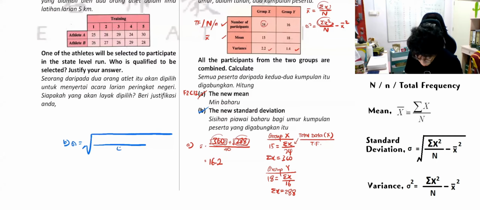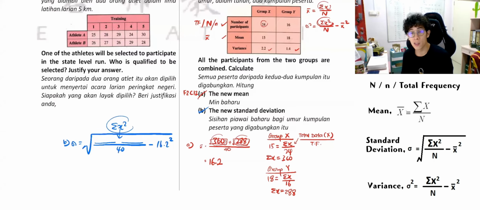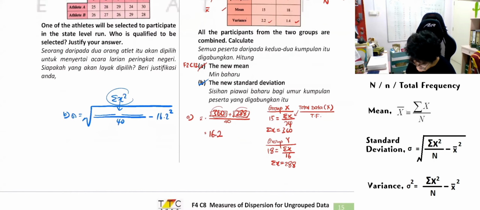Very good. Because your new standard deviation is for the total data of 40 participants already, because you include X and Y inside. And you have to minus your latest mean. What's your latest mean, everyone? Come tell me in the chat, come quick. Very good. 16.2 squared. Thank you. And this thing is going to be your sigma x squared. You have to put it inside, right? So in order to work that out, I'm gonna put the workings here.